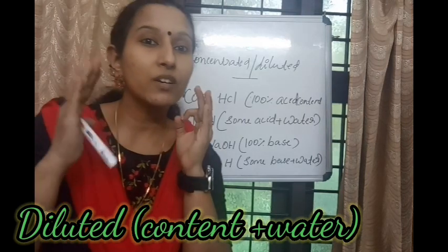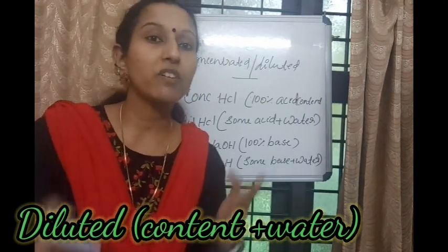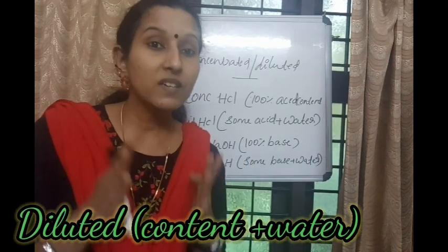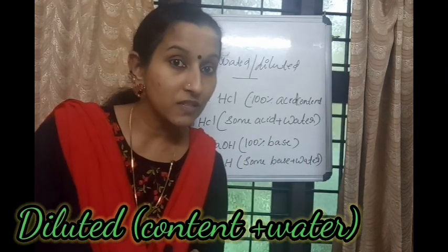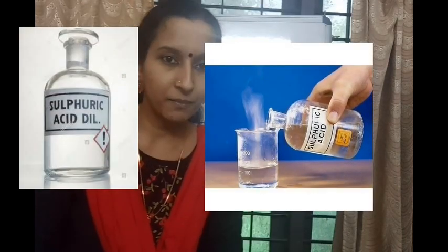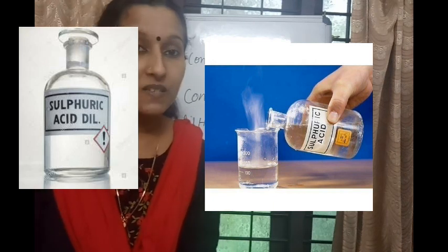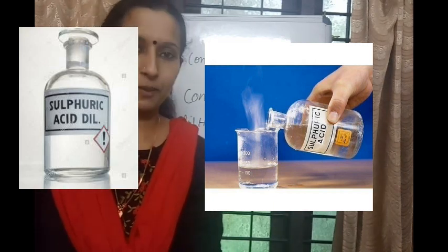A little amount of hydrochloric acid and the remaining amount is water. So that's the main difference between concentrated and diluted. Concentrated substances contain 100% component, no water. But diluted substances contain 5 or 10 or 20% component plus water.